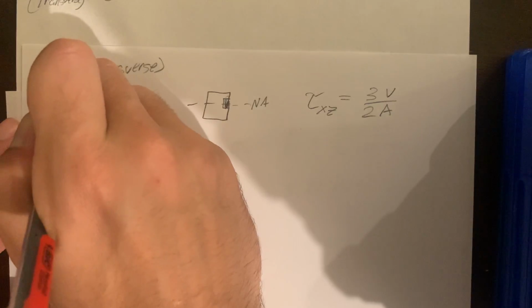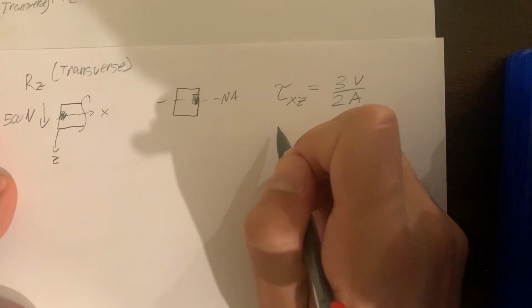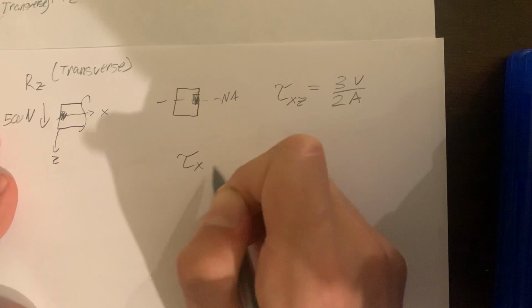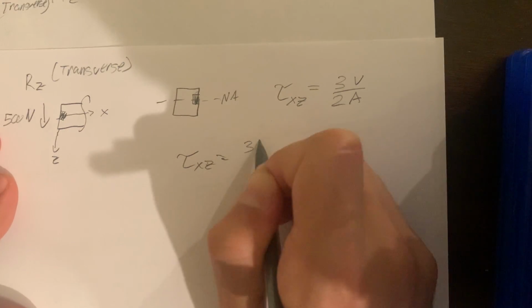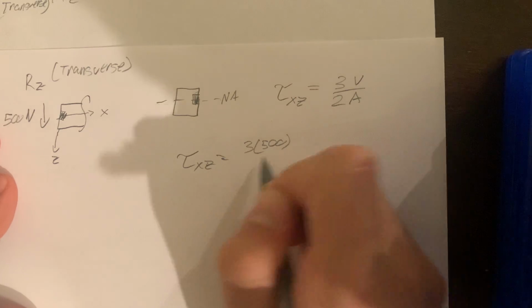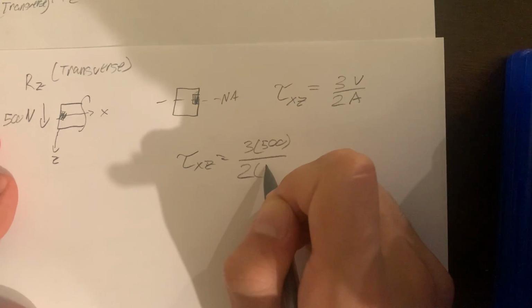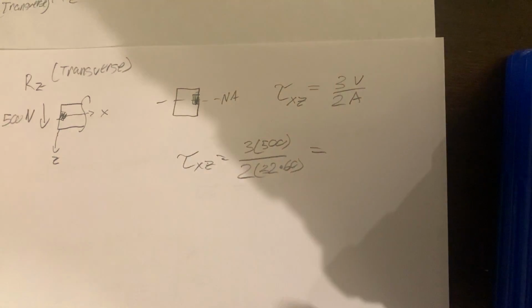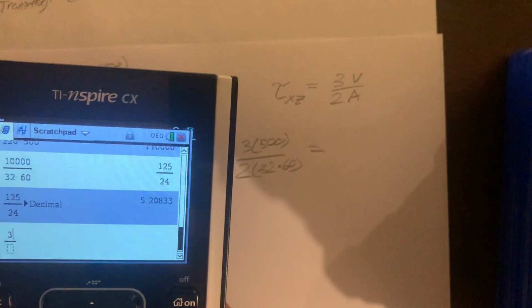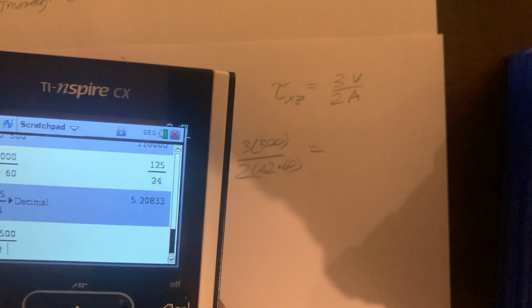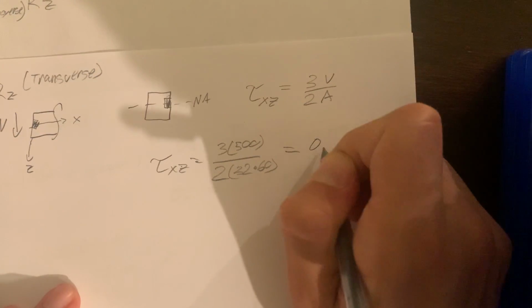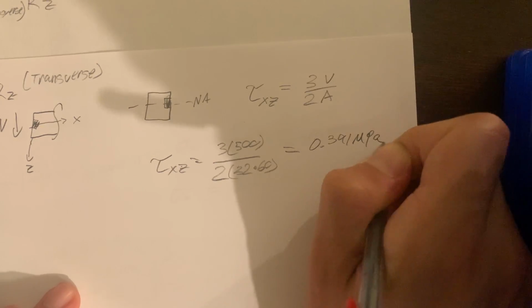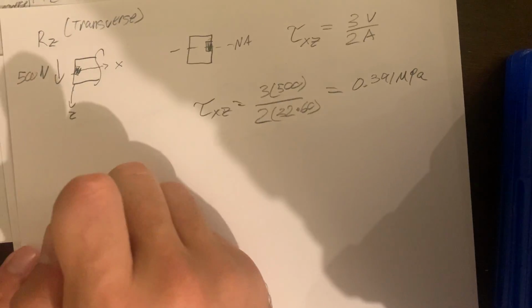So tau xz equals 3 times 500 over 2 times the area, which we said was 32 times 60, and that equals 0.391 megapascals.